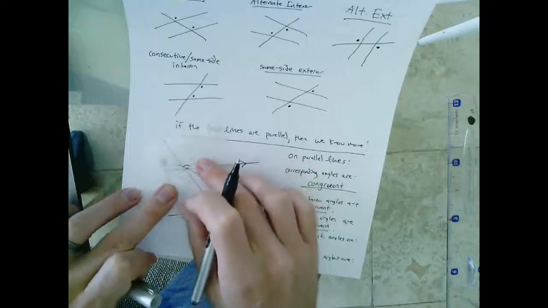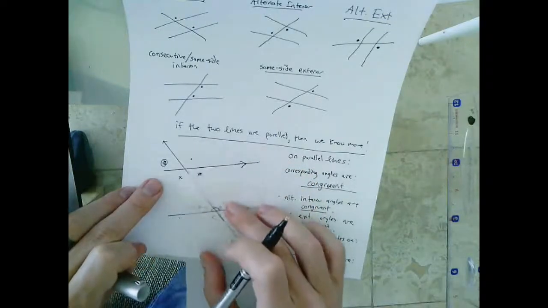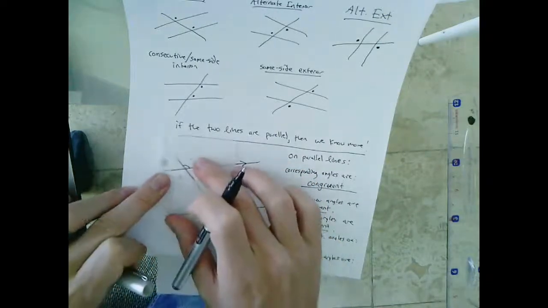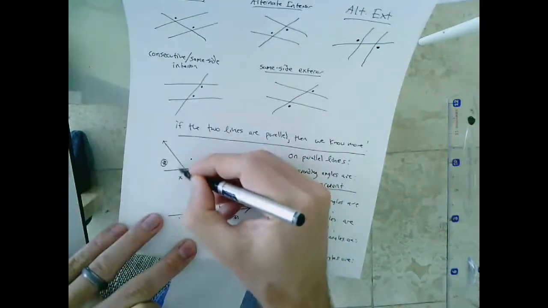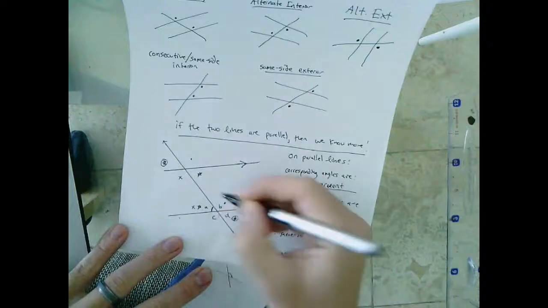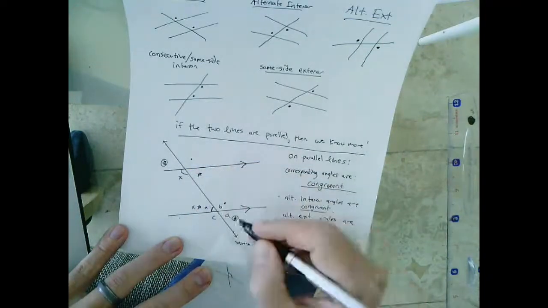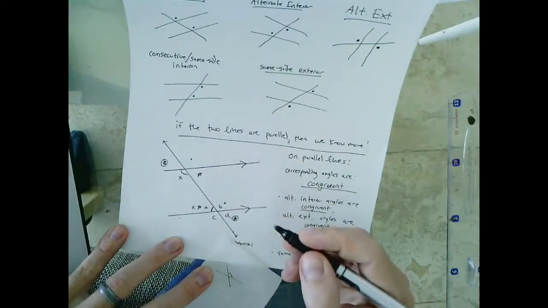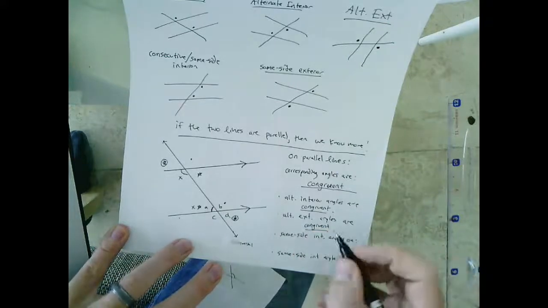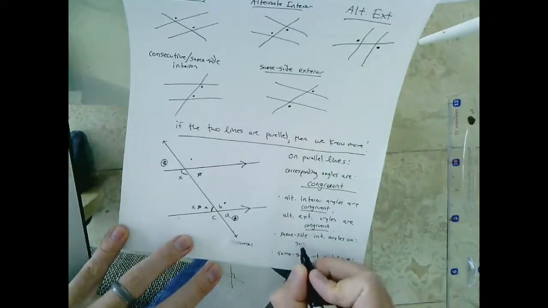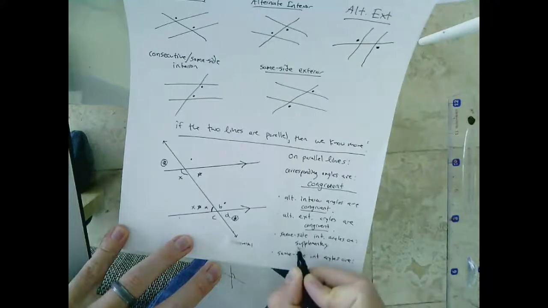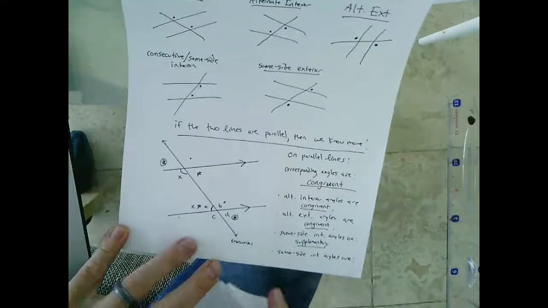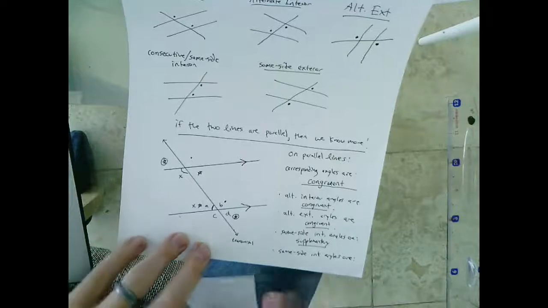But if A is congruent to its corresponding angle, and these are a linear pair, then A and its same side interior are not congruent, but they add up to something that we know. What does that add up to? 180 degrees. So our word for that is supplementary angles right here.